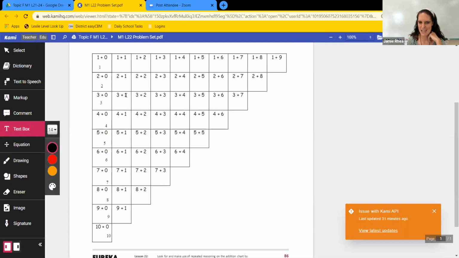What is the same in each one of those? If you said they all have the number 1, then you are correct. So what makes them different? They each have a different add-in at the front. They all go up by 1. Here's a 1, 2, 3, 4, 5, 6, 7, 8, 9. They all go up by 1.